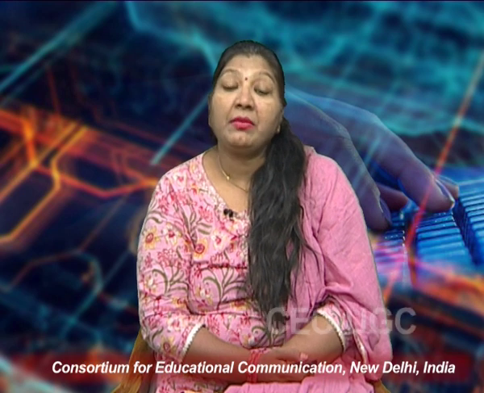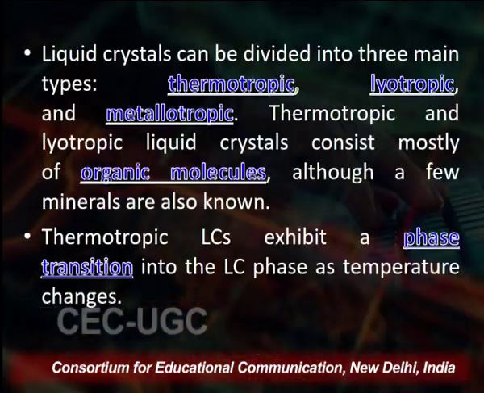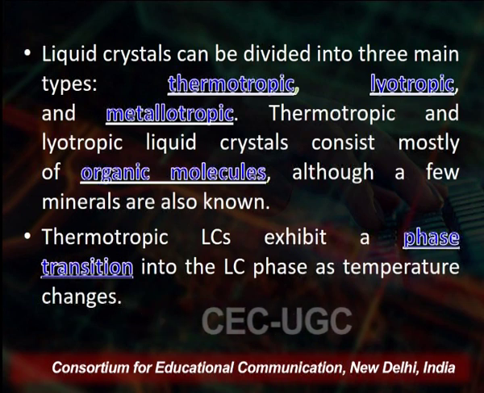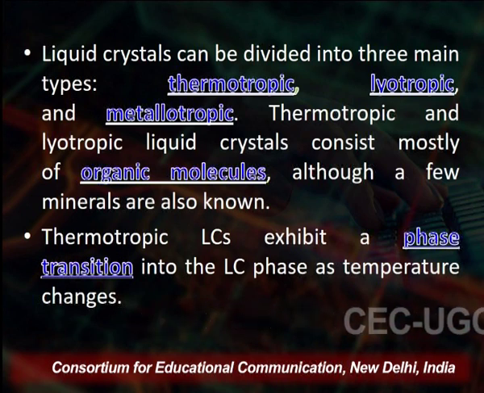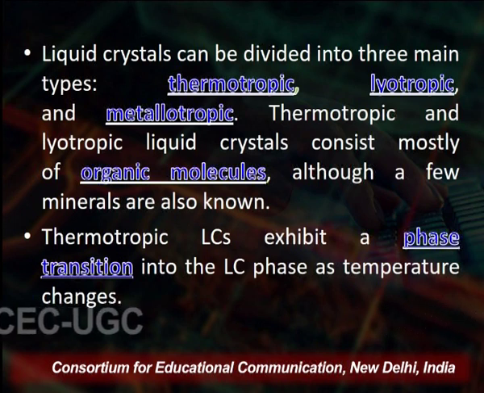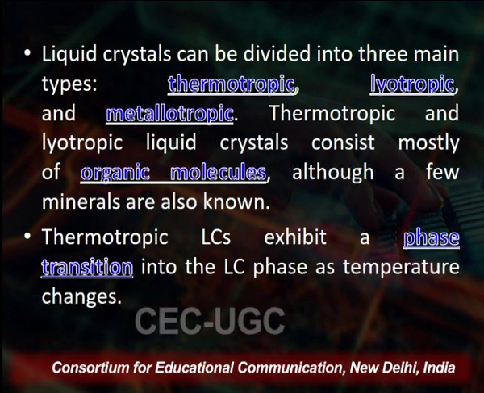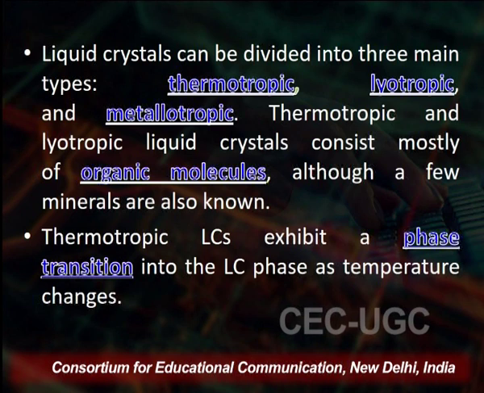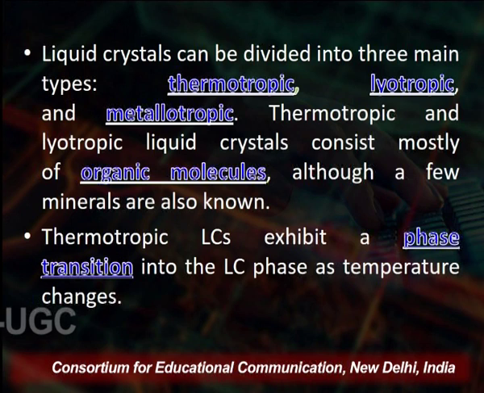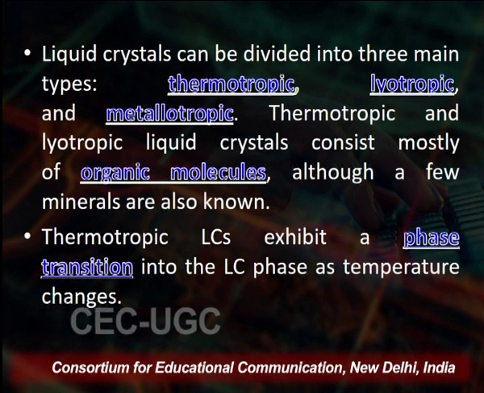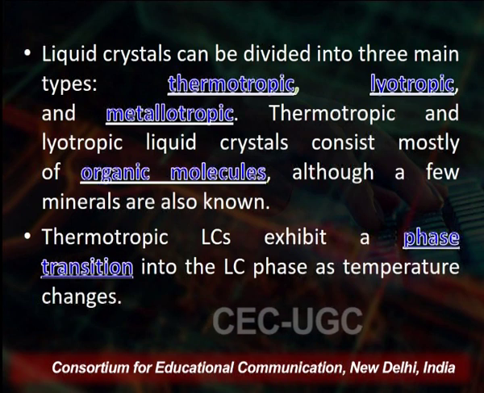Liquid crystal can be divided into three main categories. For a brief idea, we will discuss those liquid crystals which we use in the construction of liquid crystal display devices. They are divided into three parts: first is the thermotropic, second is the lyotropic, and the third is the metallotropic.